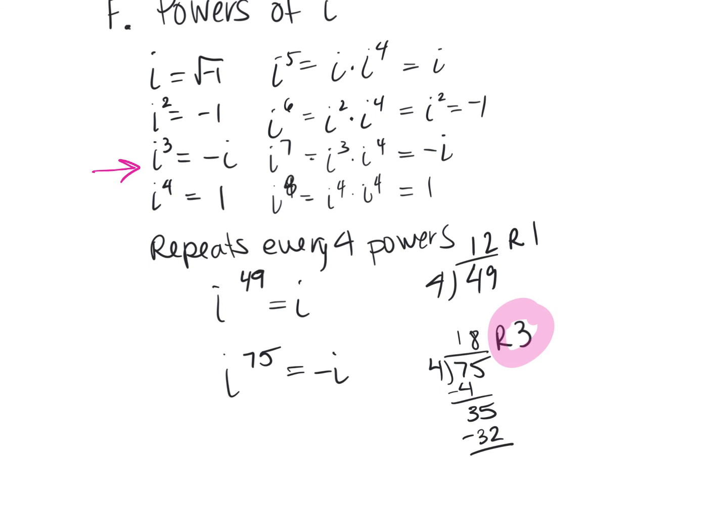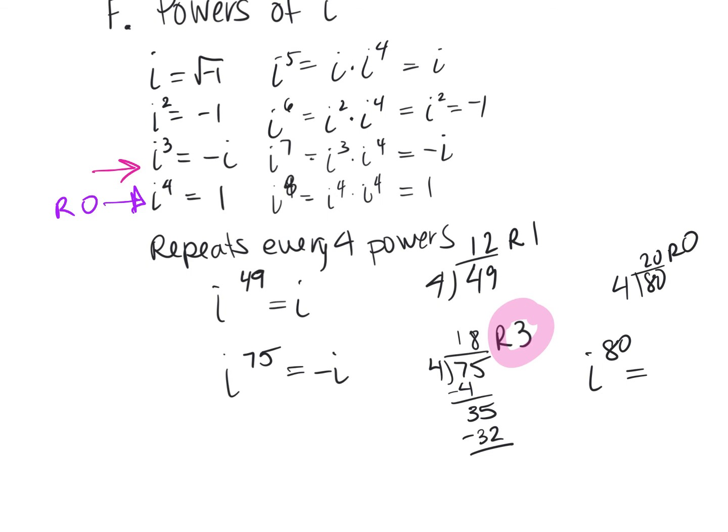If I get a remainder of 0, say I do i to the 80th, 4 goes into 80 20 times, remainder 0. Remainder 0 means it's equivalent to i to the 4th.